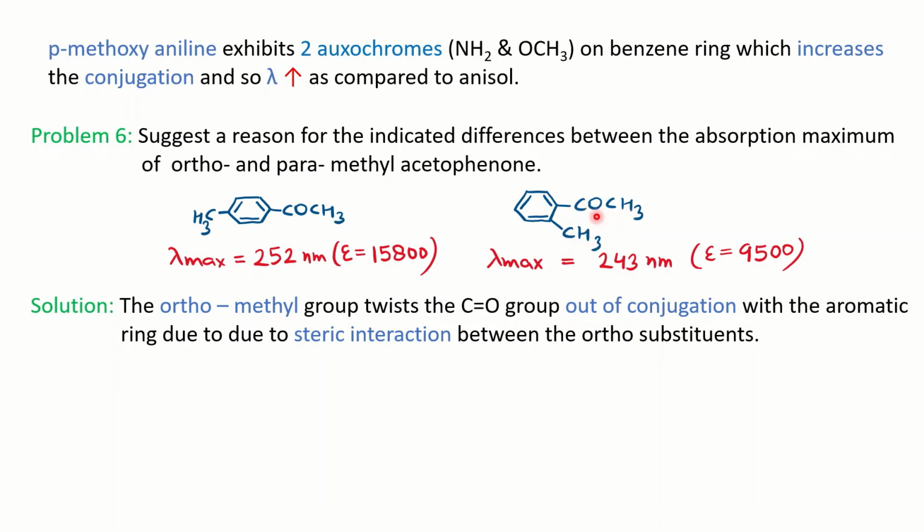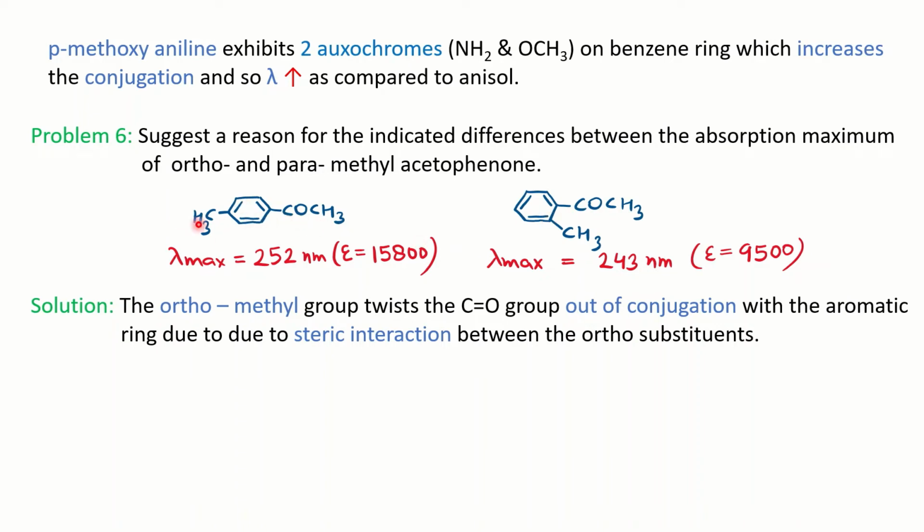The molecule will no longer be planar, meaning the coplanarity is lost. If the coplanarity is lost due to steric crowding, the wavelength will be less, because for effective overlap of conjugation between the aromatic ring and the carbonyl, both should be in the same plane, right? Which is applicable in para.